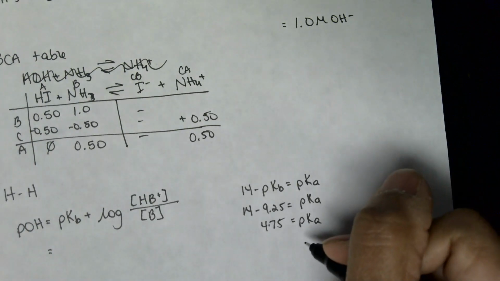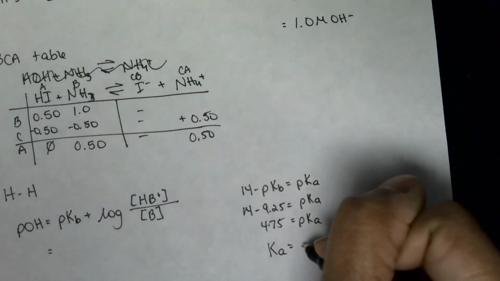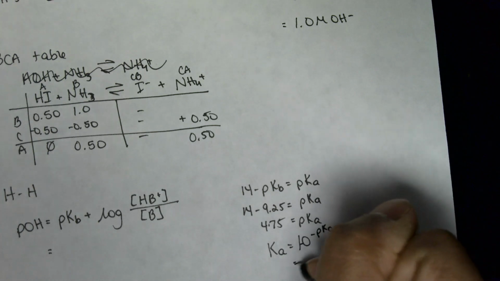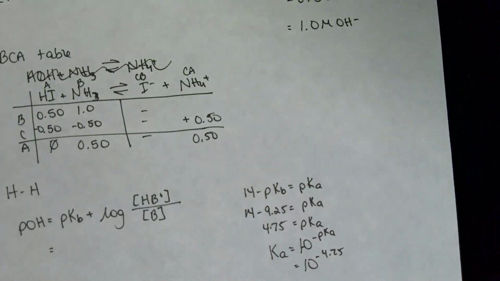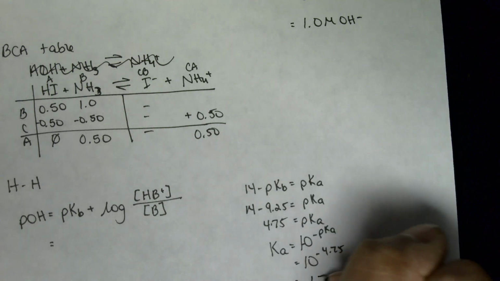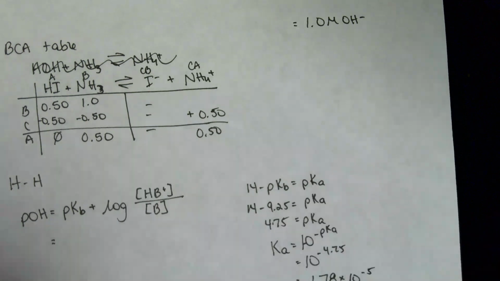And then I've got to figure out what that is for my Ka. So I know my Ka is equal to 10 to the negative pKa. So it's 10 to the negative 4.75.